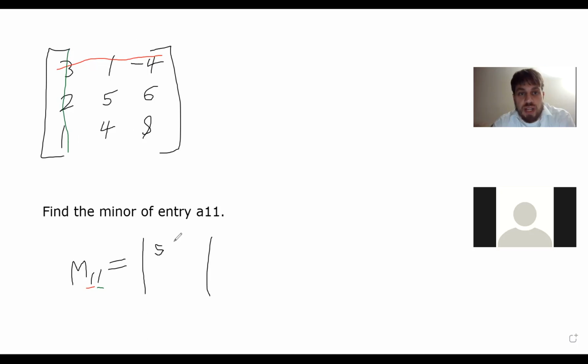So it's the determinant of 5, 6, 4, 8. And remember, when you find the determinant of a 2x2 matrix, it's like going in this direction and then this one. These lines are representing the multiplication involved. It's illustrating 5 times 8 minus 6 times 4.